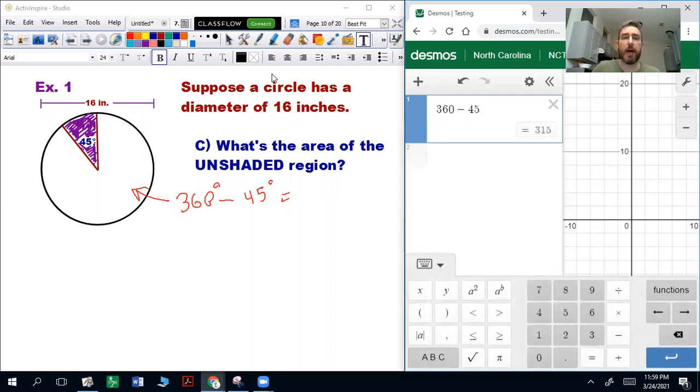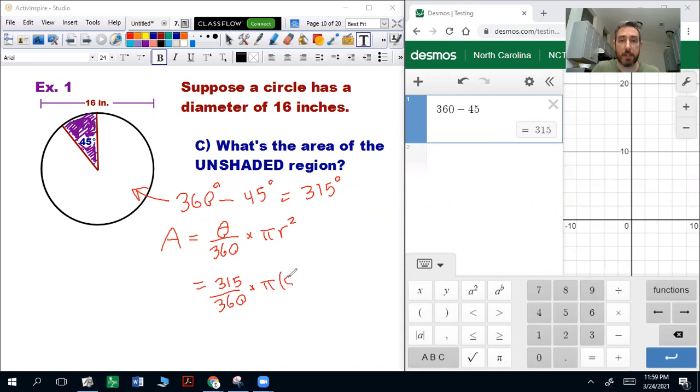So I'm going to use that degree, and I'm going to put it right in the formula. So the formula is the degree over 360 multiplied by pi r squared. So we're going to put 315 over 360 times pi times, and our radius is 8 still in this example, so times pi times 8 squared.